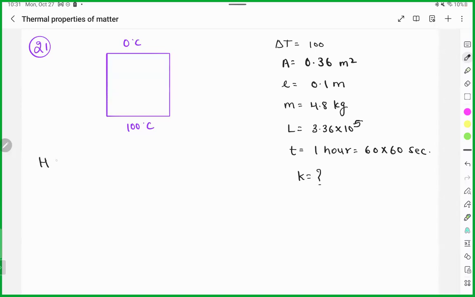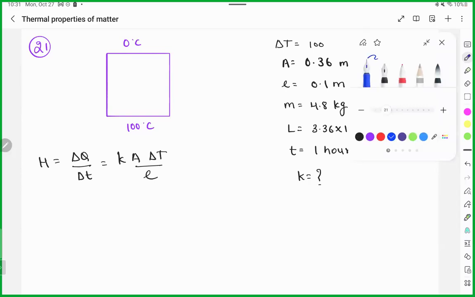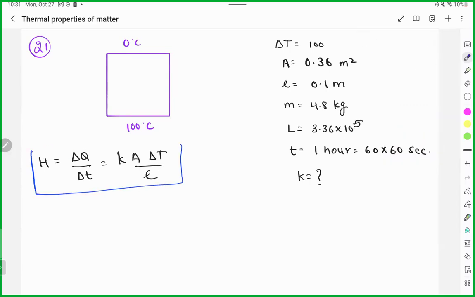You know the rate of heat transfer, delta Q by delta T, is equal to K A delta T by length. Okay. This is the formula. Always first write the formula before solving questions. Delta T is given. Area given.